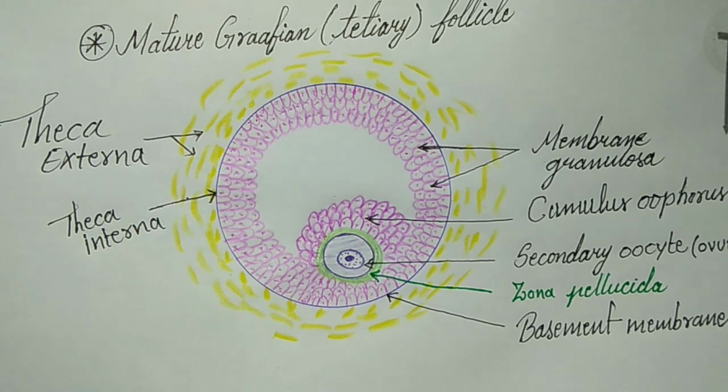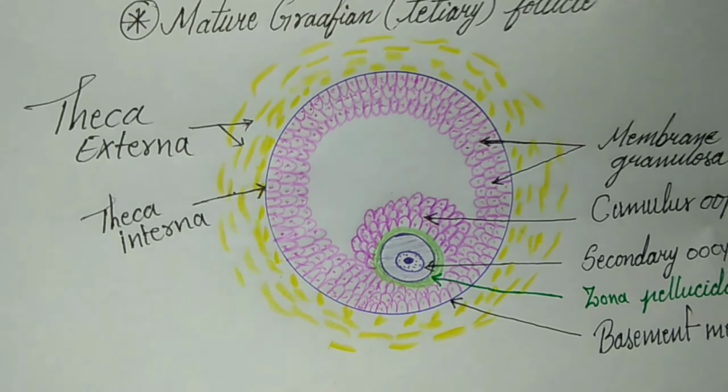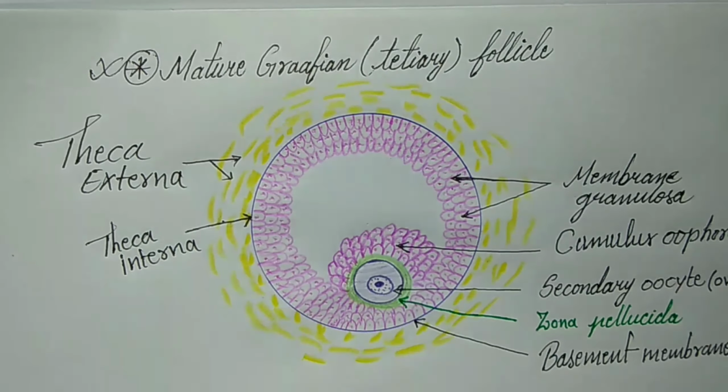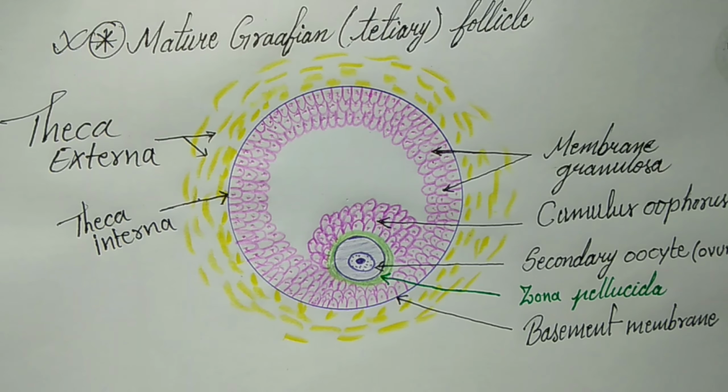Theca interna and follicular cells secrete what? They secrete estrogen. Okay. This completes the mature Graafian or tertiary follicle.